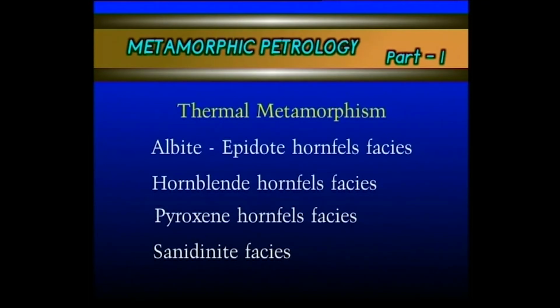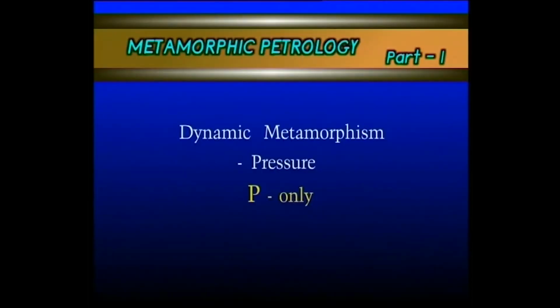If we see the different metamorphic phases, during thermal metamorphism four important phases are formed: Albite epidote Hornfels, Hornblende Hornfels, Pyroxene Hornfels, and Sanidinite phases. Sanidinite phases normally occur in the immediate vicinity of intrusive rocks, and Albite epidote Hornfels phases normally occur at the outer fringe.